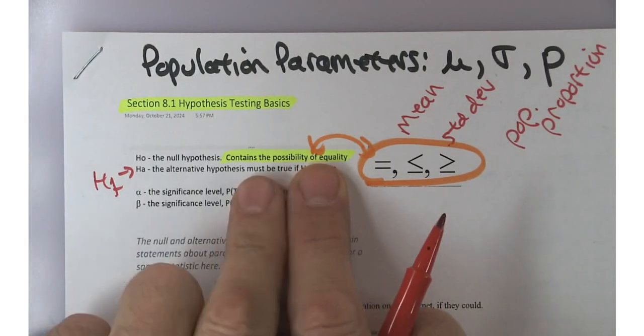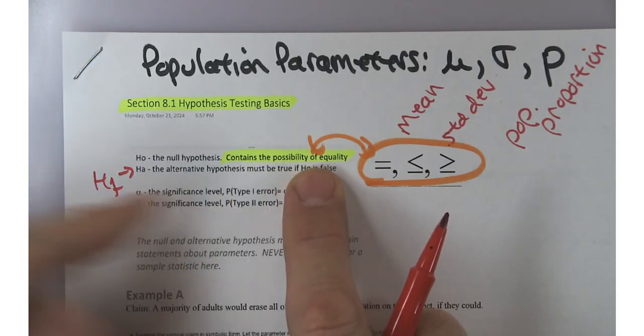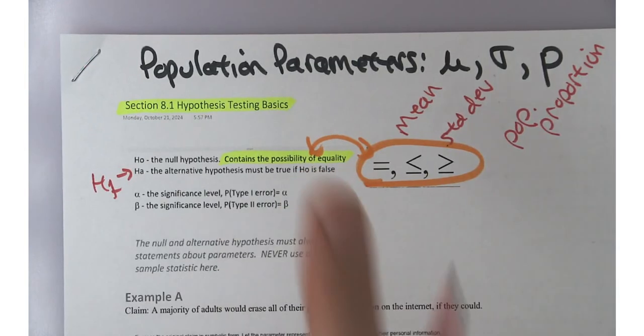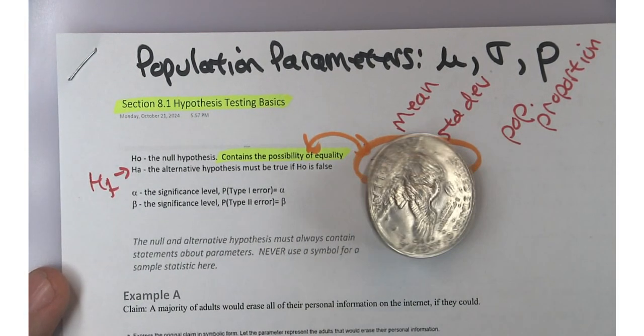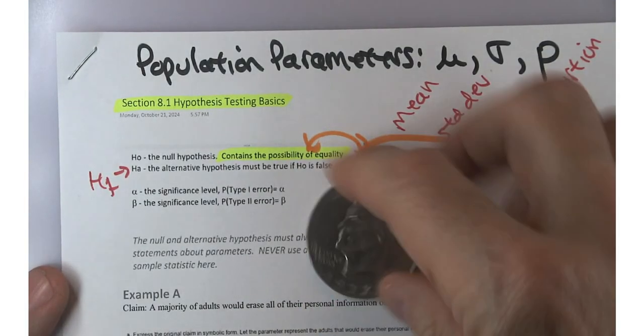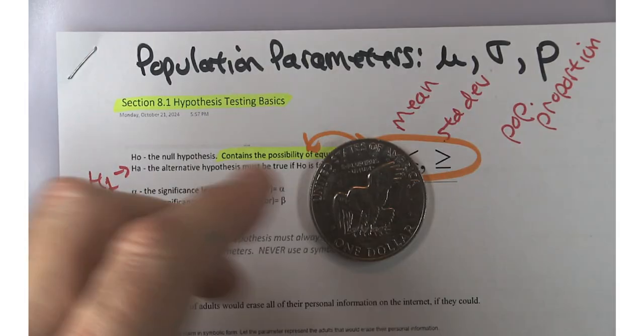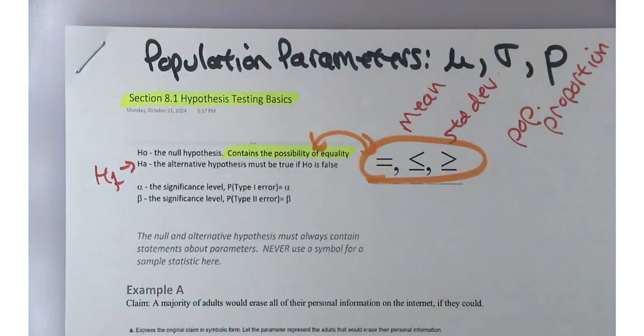So we're going to spend a little time practicing the setup on some of these things. Contains a possibility of equality, set up our null and alternative hypothesis. Now our null and alternative hypothesis work a lot like this coin that we have here. It's going to be either heads or tails. So heads or tails, one side or the other. Nothing in between, no edges, nothing like that.